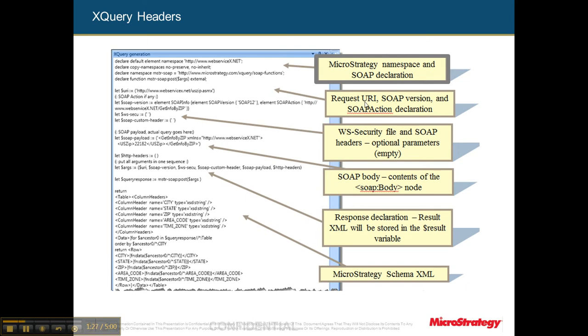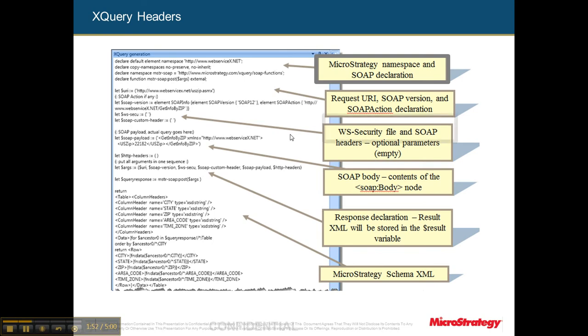Request URI, SOAP version, and SOAP action are all again the header information. URI stands for Universal Resource Identifier. It's going to give us the web services. This is where the web service is currently running. That's what URI is going to tell us.